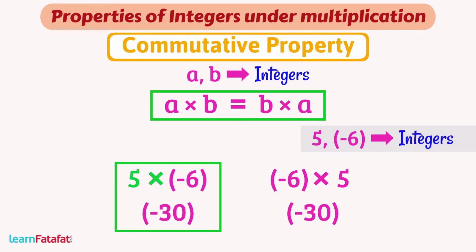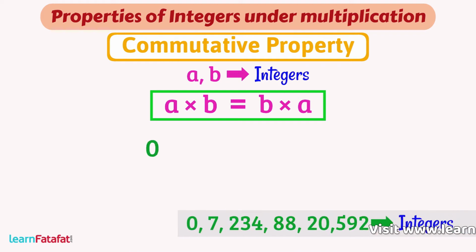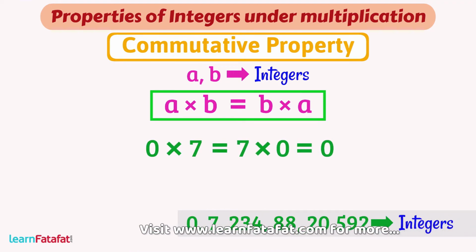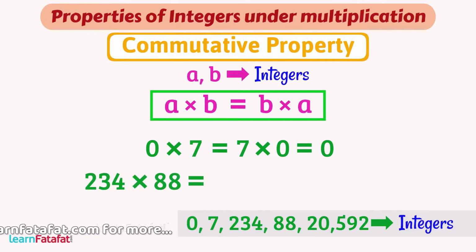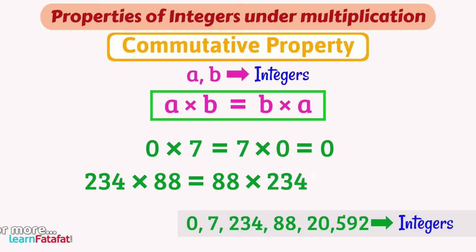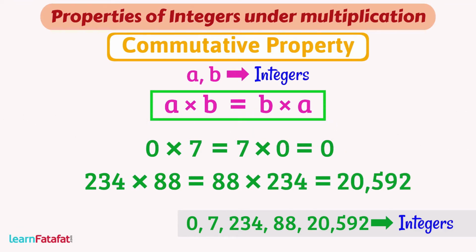Therefore, 5 into minus 6 equals minus 6 into 5. Similarly, 0 into 7 equals 7 into 0, which equals 0. And 234 multiplied by 88 equals 88 into 234, which equals 20,592. So, multiplication of integers is commutative.